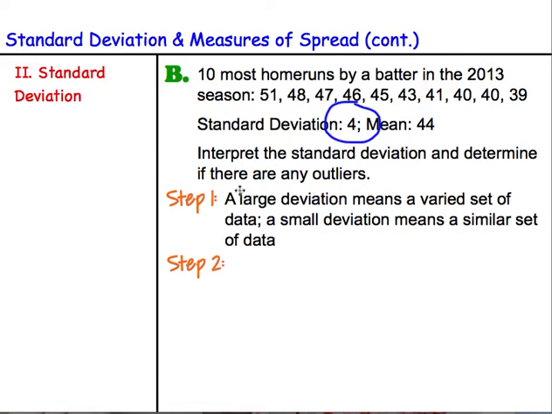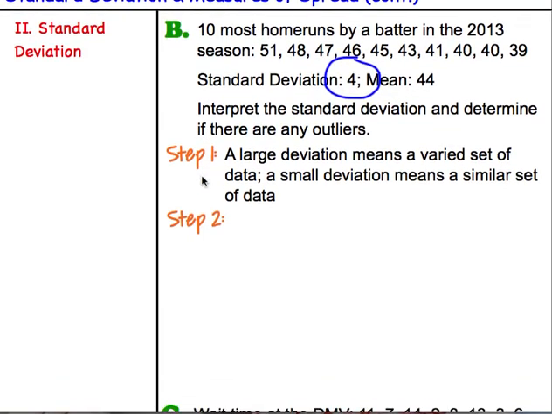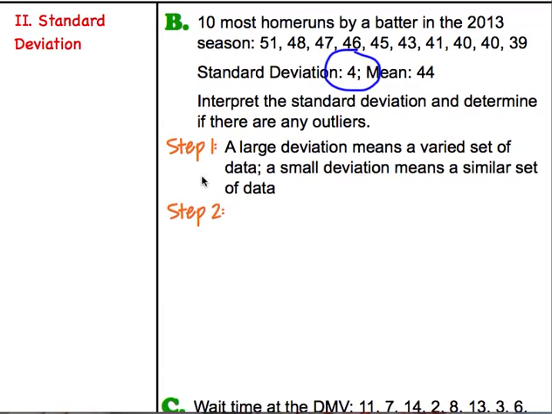Now, when I think about baseball, I don't consider 4 home runs to be tremendously huge. So I'm going to go ahead and say that this is a small deviation, and similar data.